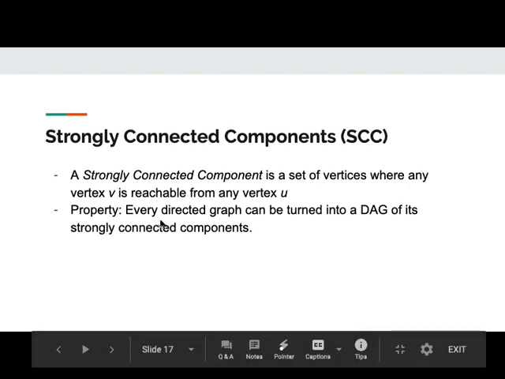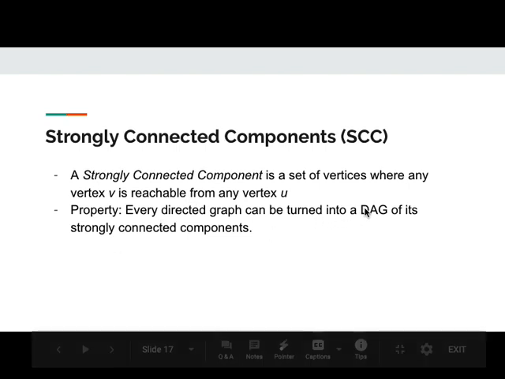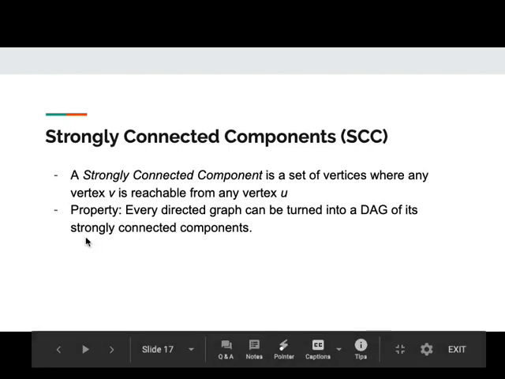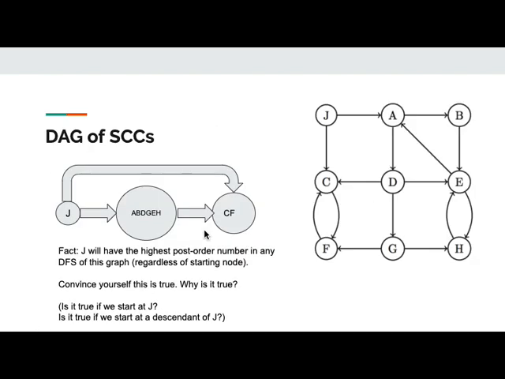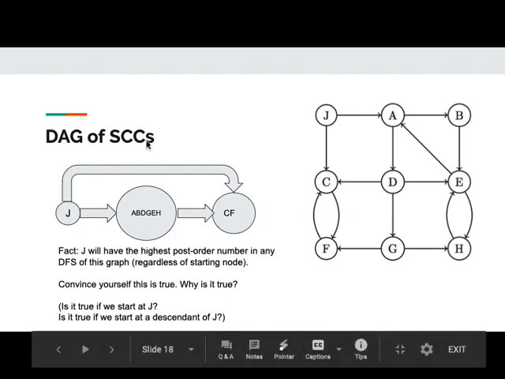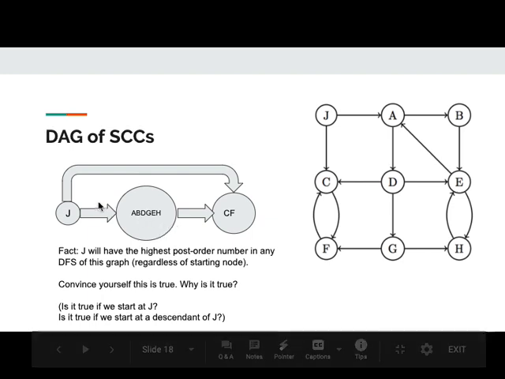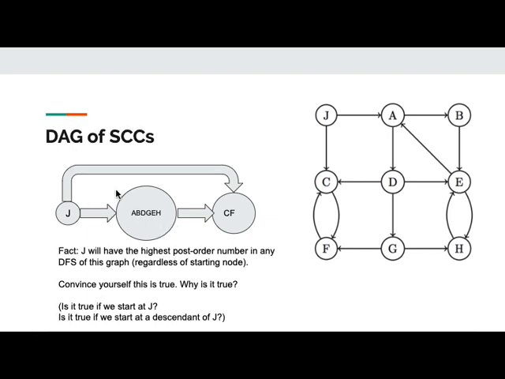And a nice property that we're studying here is that every directed graph can turn into a directed acyclic graph of its strongly connected components. It's a mouthful, but it basically means that if this is a strongly connected component, we can just represent it with a single vertex, and we can turn the graph over here into something like this, so that it is a directed acyclic graph, and it can efficiently be processed.